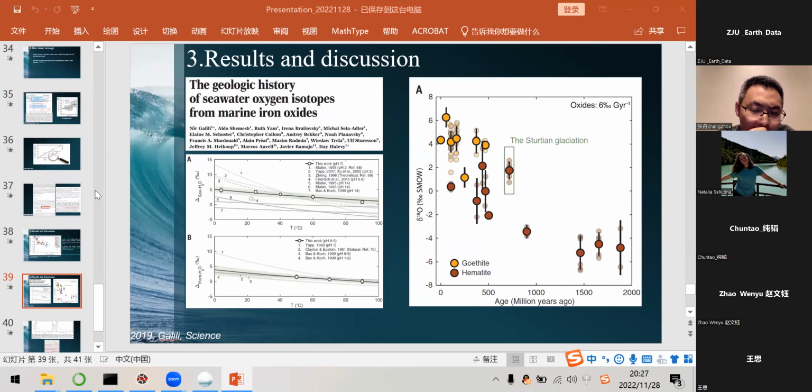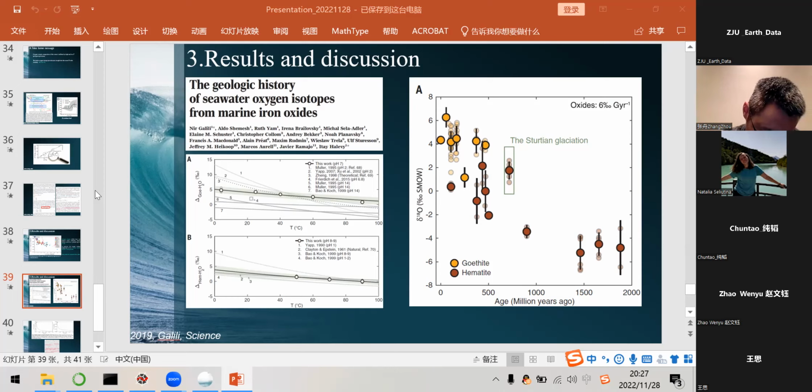The oxygen isotope composition of these Archean cherts or other sedimentary rocks, such as carbonates, is determined by the temperature and also the oxygen isotope composition of the ocean.